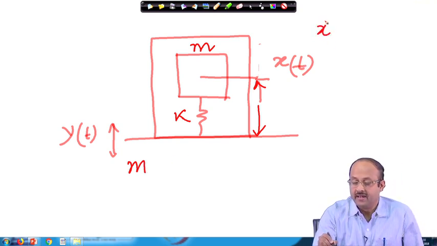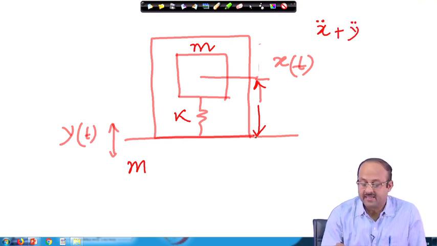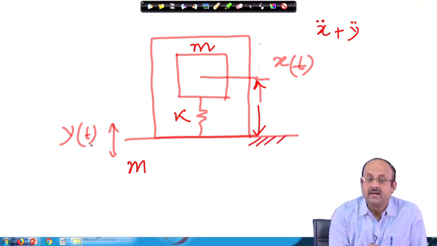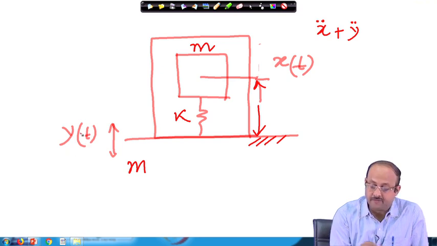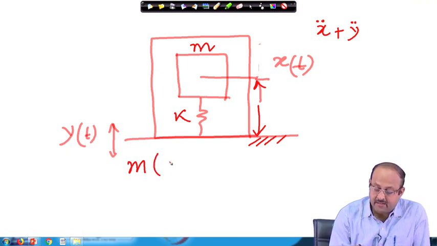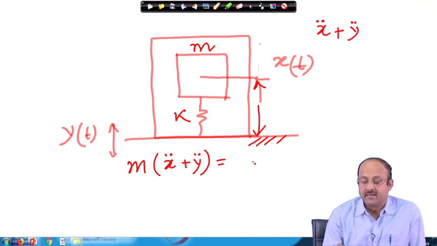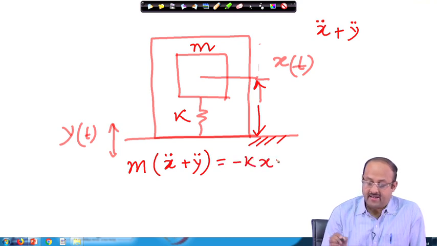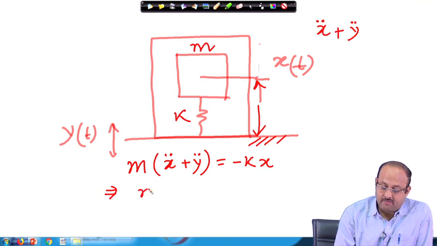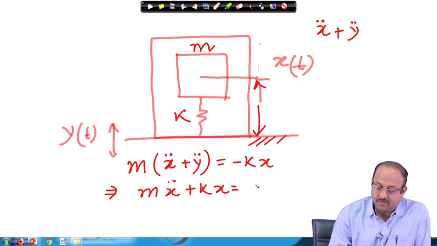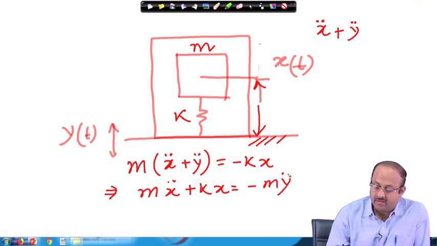Absolute acceleration will be x double dot plus y double dot, because x double dot is the relative acceleration with respect to this moving base, and y double dot is the acceleration of the base. That is balanced by the force minus k x, and this gives rise to the equation m x double dot plus k x equal to minus m y double dot.